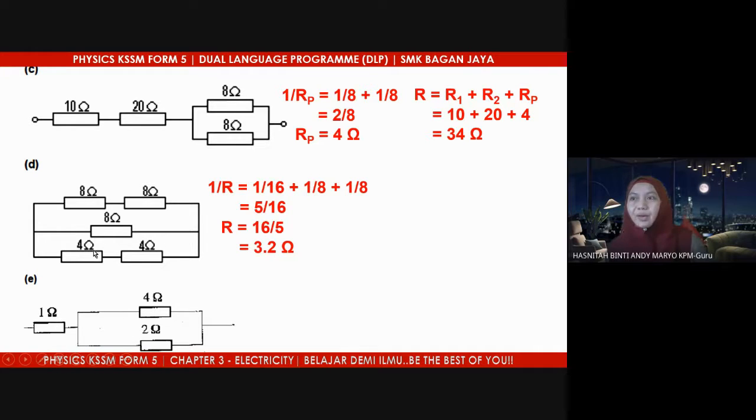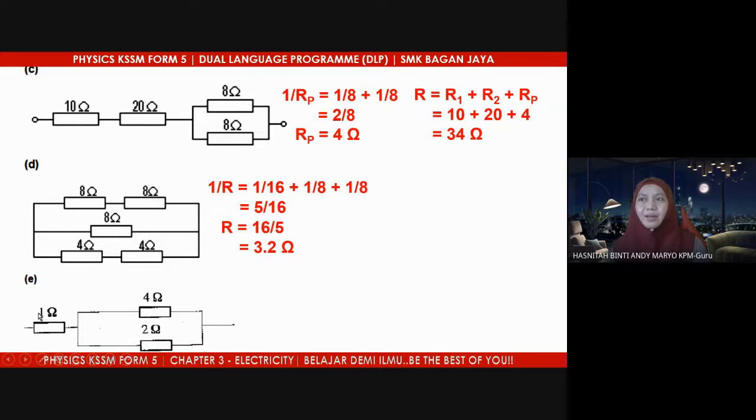Yes. Okay, how about E? E you can find on page 6 in your module, started from question D. Question E, students. Let's calculate together. I hope everyone is doing this. Try to practice how to find total effective resistance for series, parallel, or combination circuits.